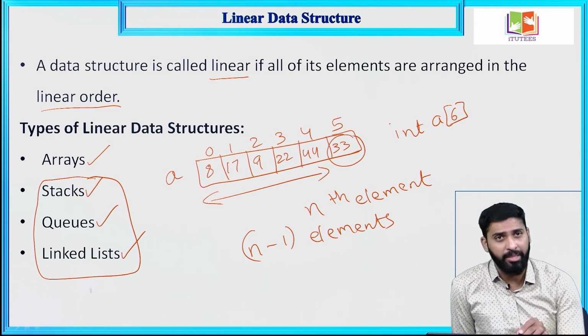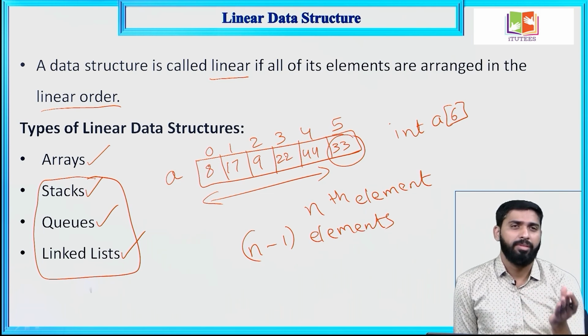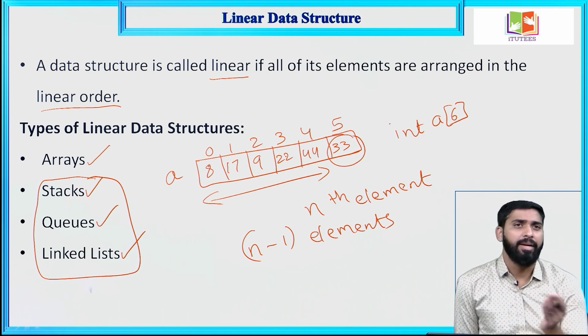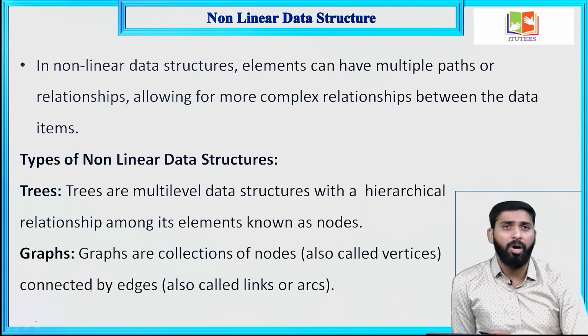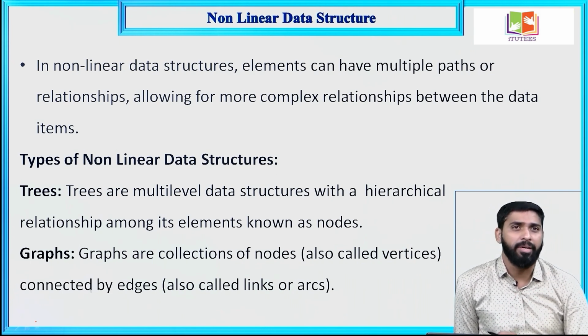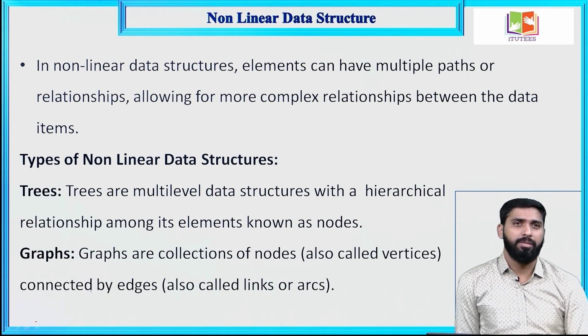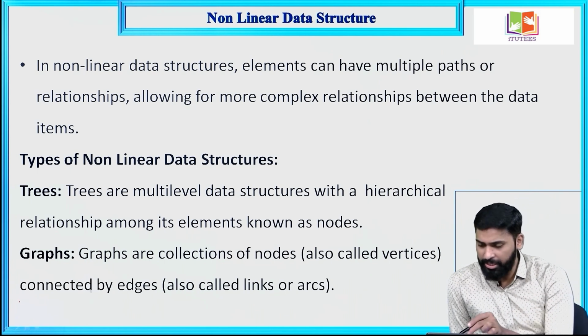For 9, the previous element is 17, the next element is 22. That means here the element is associated with the previous element and the next element. But in non-linear data structures, every element has multiple paths, so multiple relationships. Okay, so types of non-linear data structures are trees and graphs.